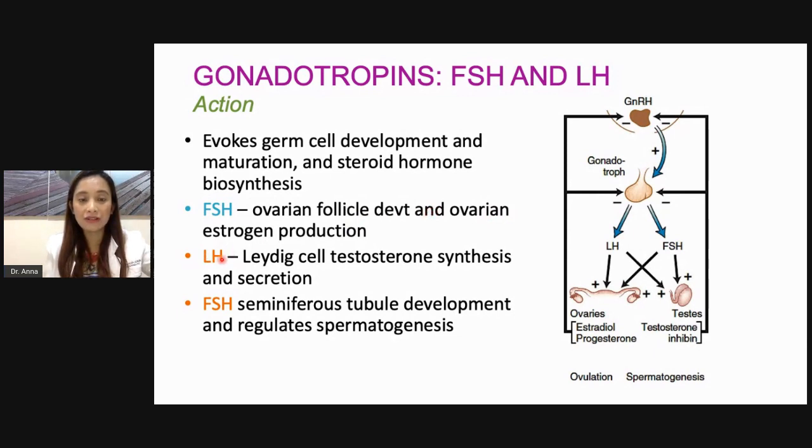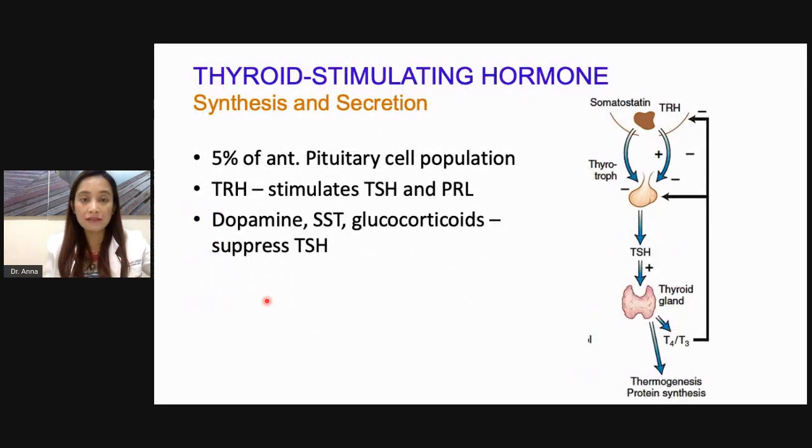Your LH, on the other hand, acts on your Leydig cells to induce testosterone synthesis and secretion, while your FSH in men induces seminiferous tubule development and regulates spermatogenesis. To help remind you, your LH acts on your Leydig cell, and your FSH acts on your seminiferous tubules. LLSS, okay?